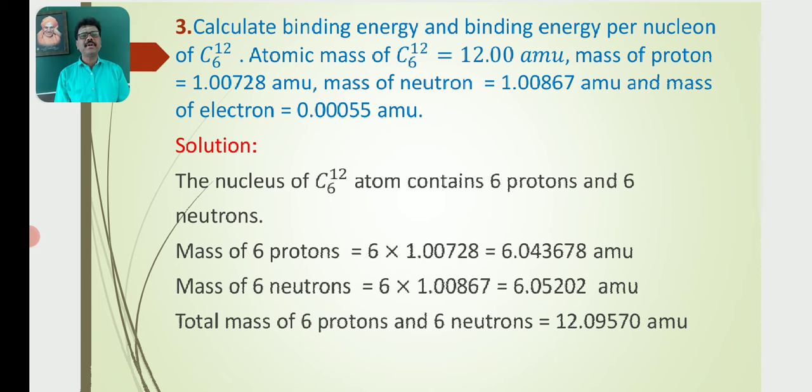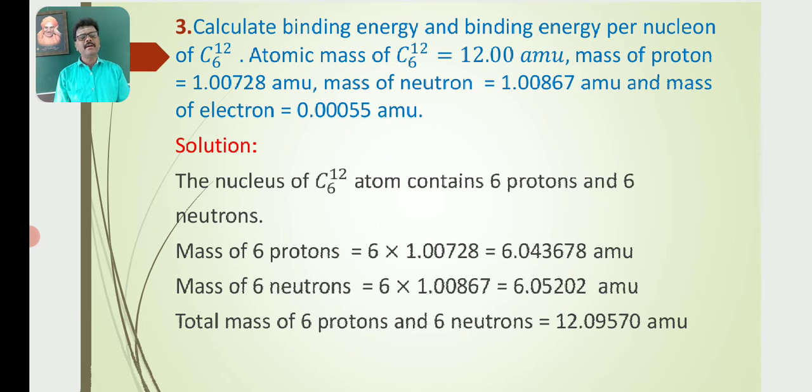Then the mass of proton is 1.00728 AMU, the mass of neutron is equal to 1.00867 AMU, and the mass of electron is equal to 0.00055 AMU. Then what is the binding energy and the specific binding energy of carbon-12?